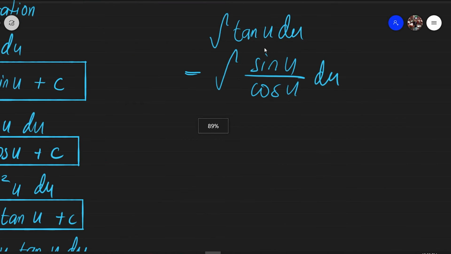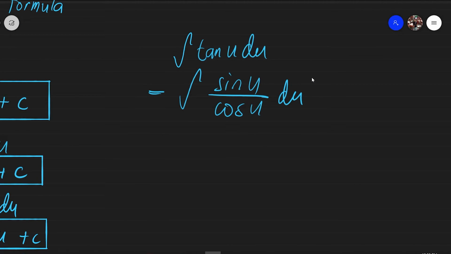Now from this form, sine u over cosine u, you can use the logarithmic function formula of integration. So you will use the logarithmic formula, and your u here will be cosine u.